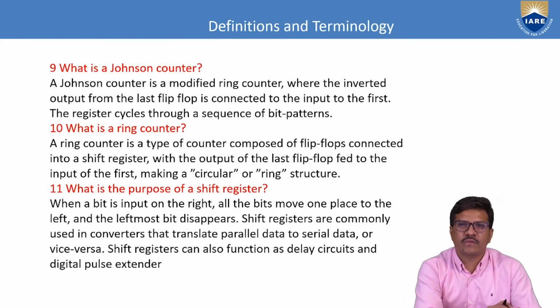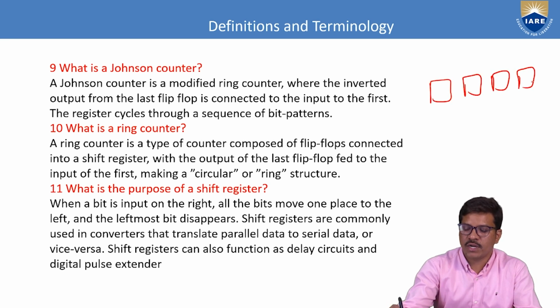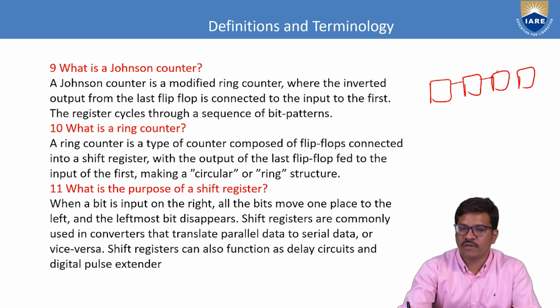Johnson counter. A Johnson counter is a modified ring counter where the inverted output from the last flip-flop is connected to the input of the first flip-flop. If I take 4 flip-flops, the output of each flip-flop is connected to the input of the next one.